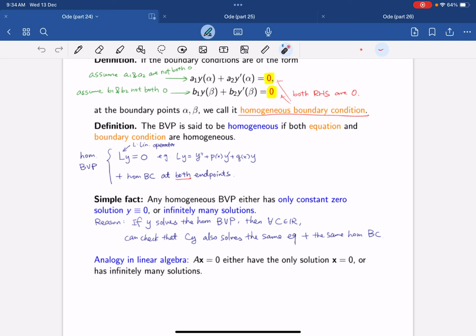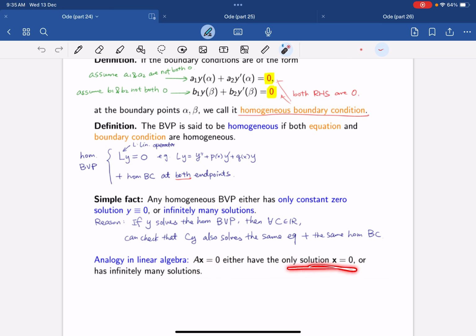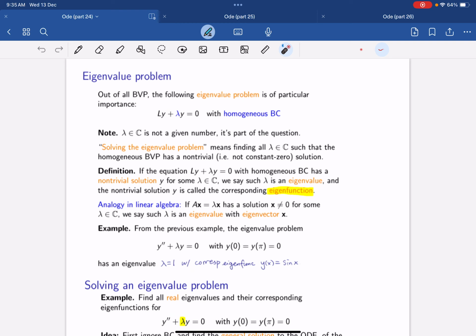This is similar to linear algebra, where for a matrix equation Ax = 0, 0 is obviously a solution, so you either have only one solution or infinitely many. A lot of these are analogous to the ones we have in linear algebra, so it's kind of easy to remember the terms, but you need to take note of what the terms actually mean for the specific context.